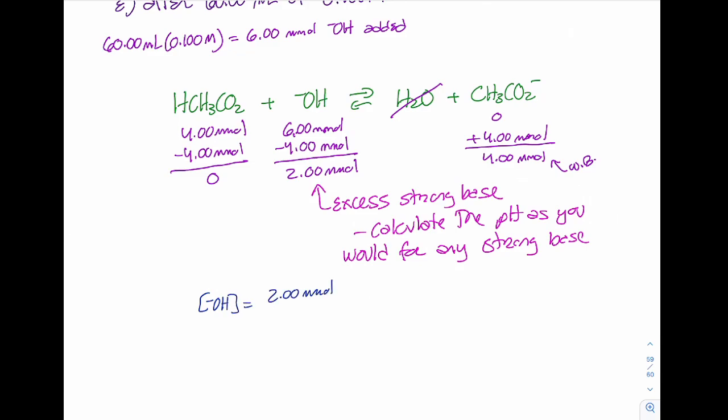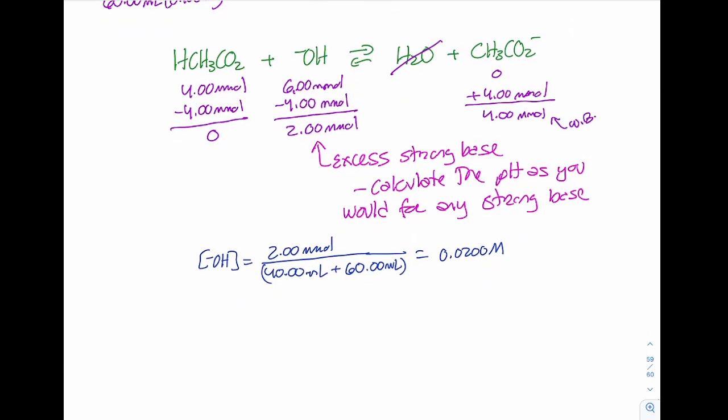I have 2 millimoles. We started out with 40 milliliters. We added 60 milliliters of base to it. So I now have a total volume of 100 milliliters. Which means my concentration of hydroxide ions is 0.0200 molar.